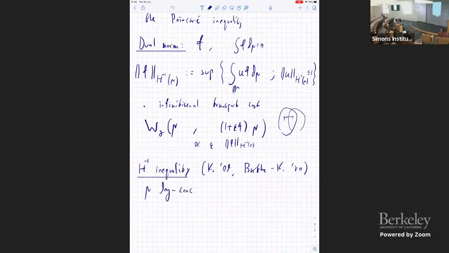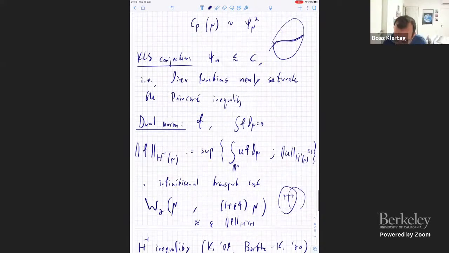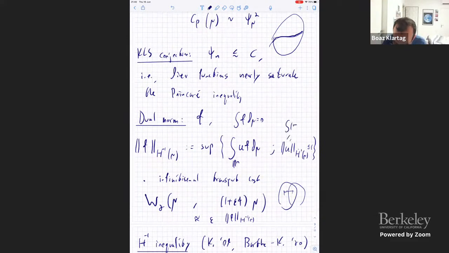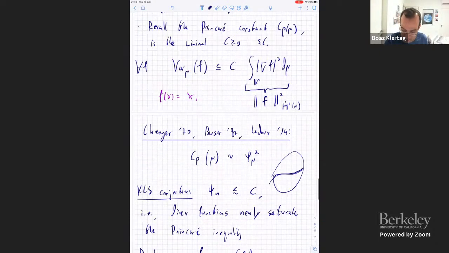So can you remind us of what the definition of the H1 norm is? Integral of gradient square is good enough for you, right? Sorry, that's the H minus 1 norm. Just the integral of grad u square smaller than 1. So the Sobolev 1 norm: the 1 means first derivative.